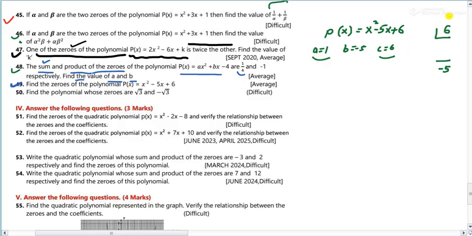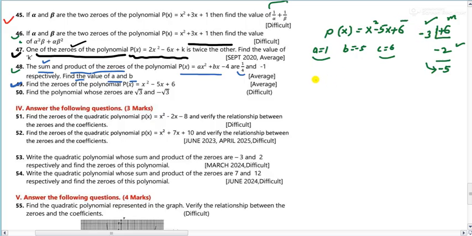On multiplication you should get 3 and 2, minus or plus? Both should be minus. Got it? Why? Because you need minus 5 here. So if both of them are negative, only then you can do the addition. Are you getting? Yeah, and minus into minus is plus. So we have plus 6 already in the question.